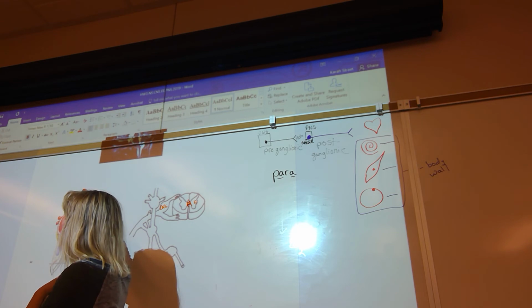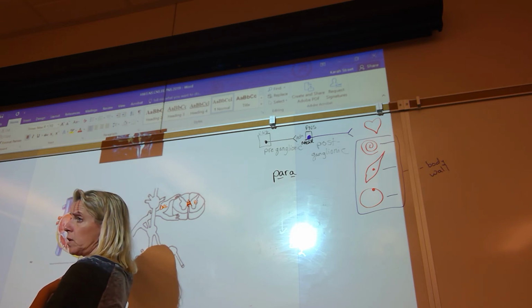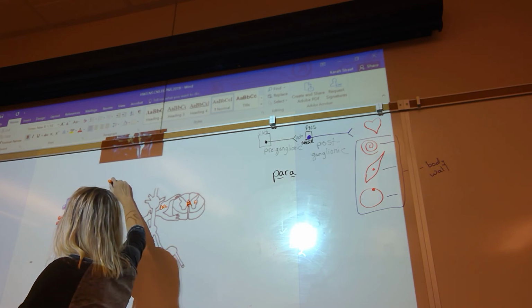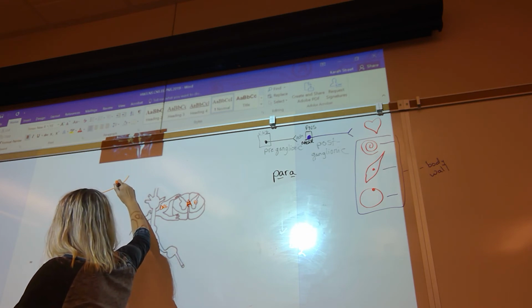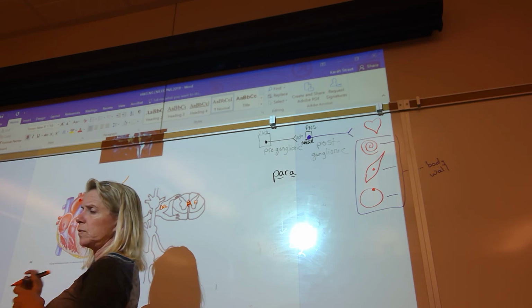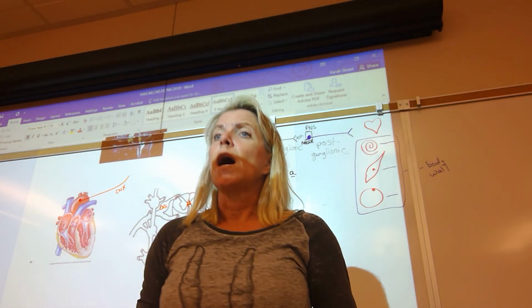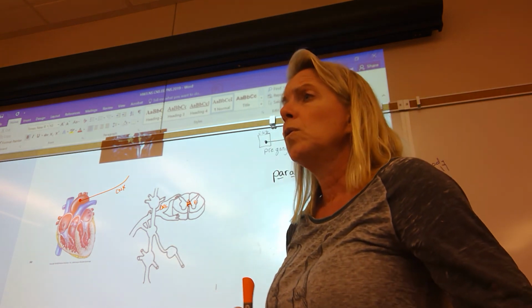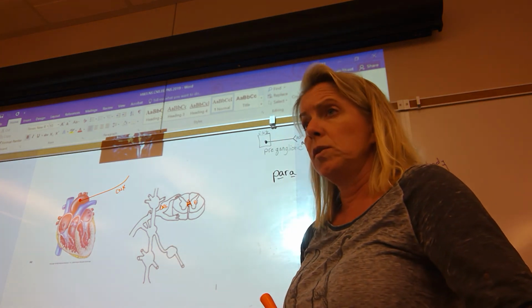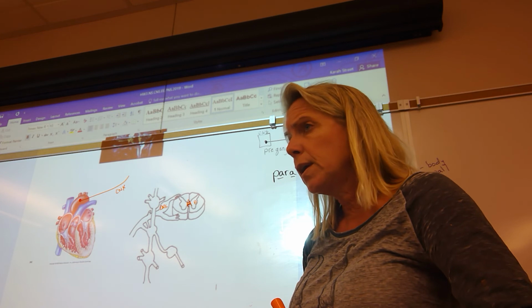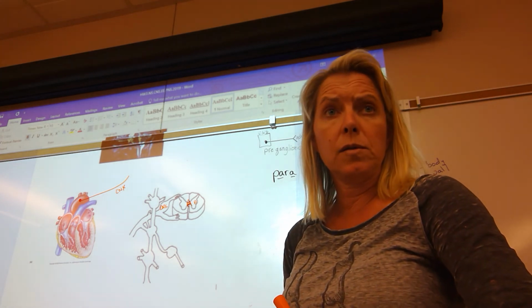So the afferent fiber that comes off of these baroreceptors is actually cranial nerve 10, the vagus nerve. And if you look at your notes from last week, I told you the vagus nerve was a mixed nerve. It had sensory and motor components.